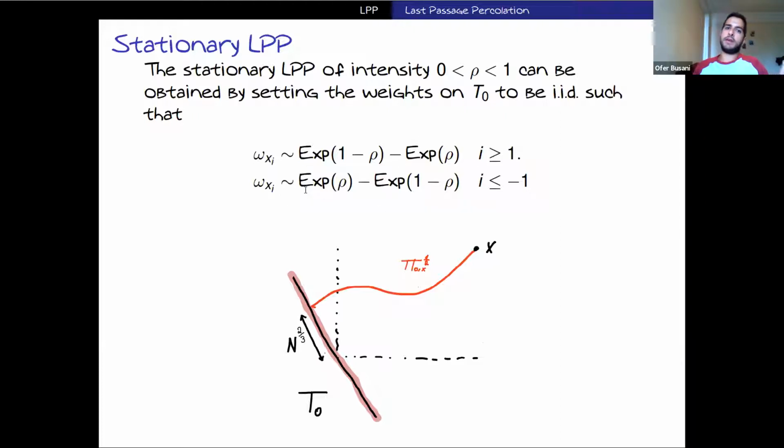When I write exponential 1 minus rho minus exponential rho, this is the distribution of the difference between two independent random variables with these distributions. So if we assign these weights on T0, we obtain what is called the stationary last passage percolation.